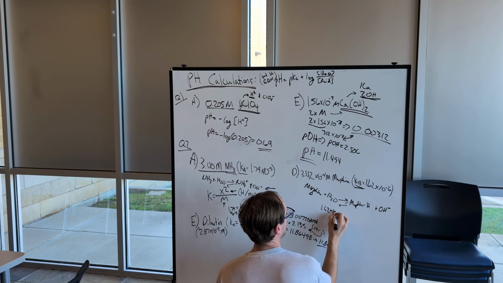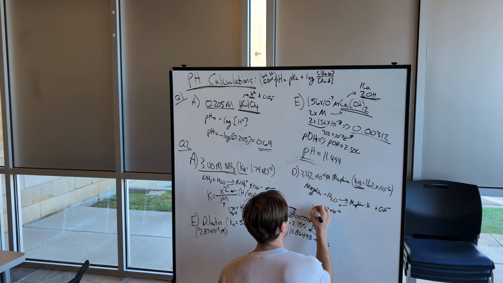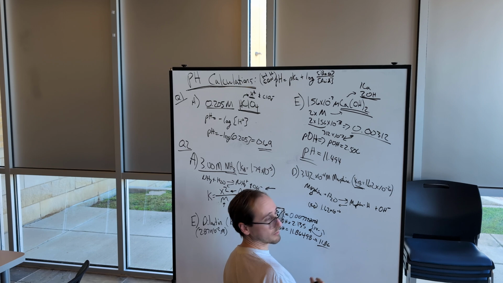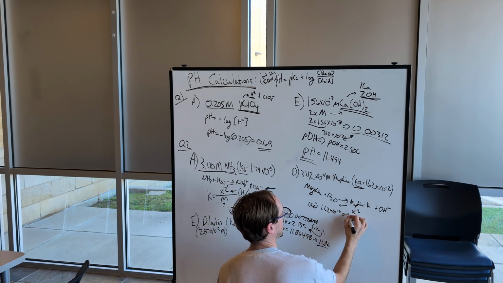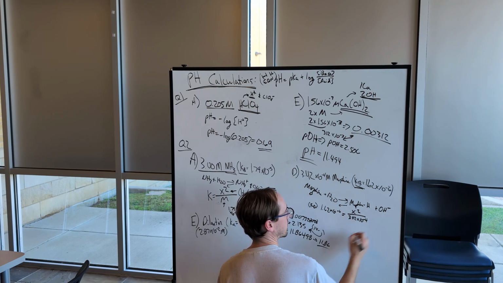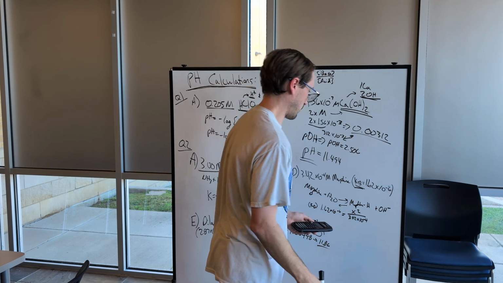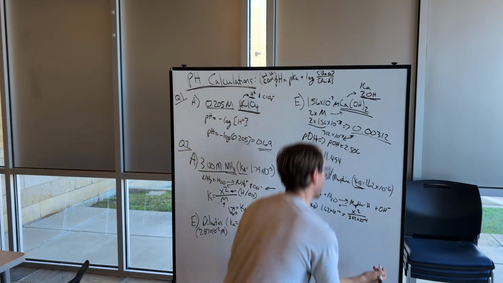So same general principle, we say that 1.62 times 10 to the negative 6, which is our Kb, is equal to x squared over 3.42 times 10 to the negative 4, which gives us some really tiny numbers here.